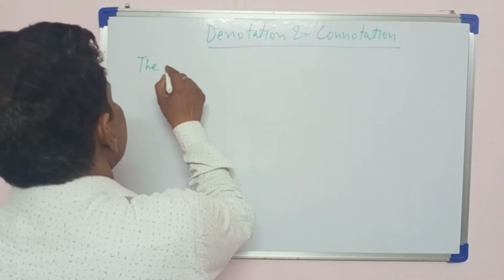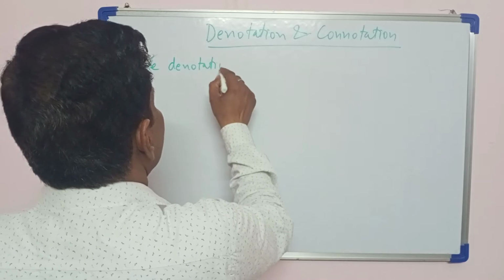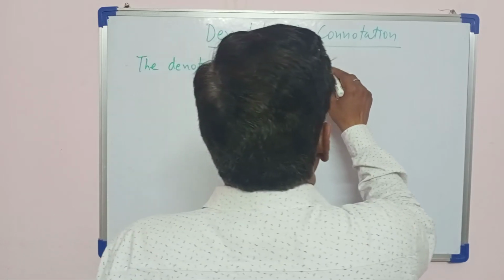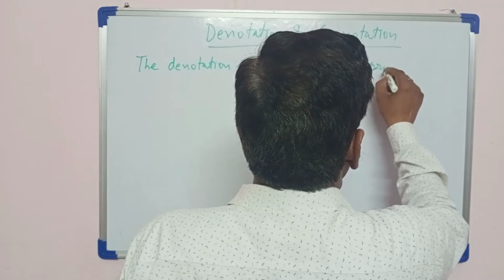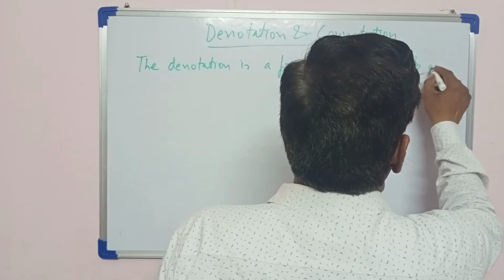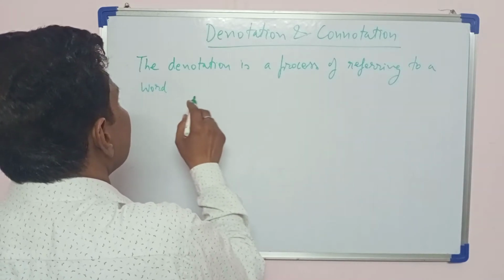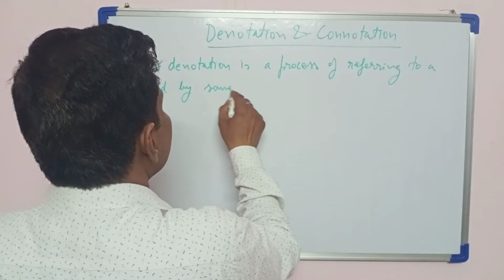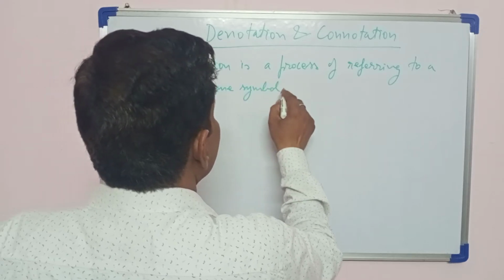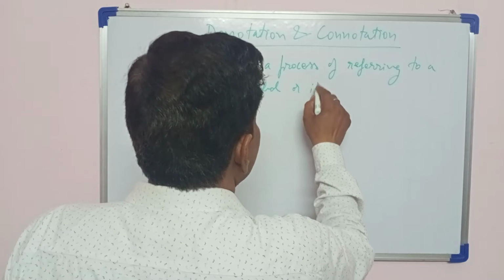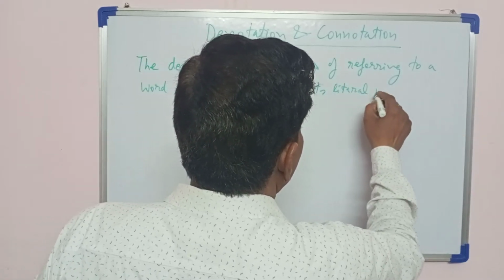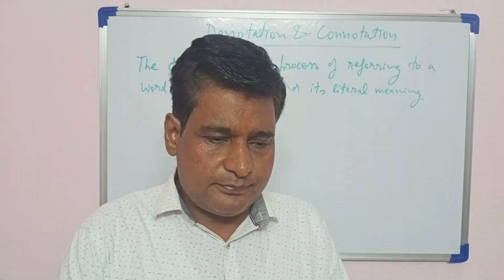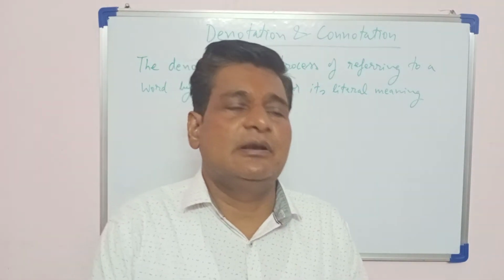The denotation is a process of referring to a word by some symbol or its literal meaning, or we can say denotation means the act of providing the primary meaning or the literal meaning.